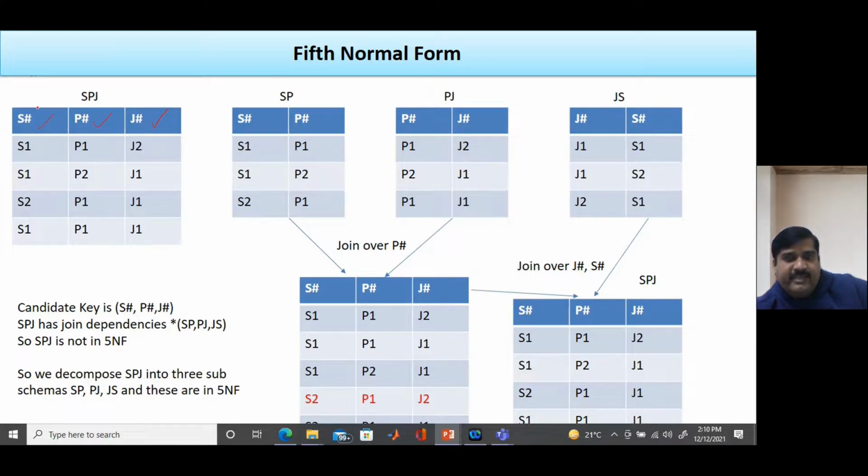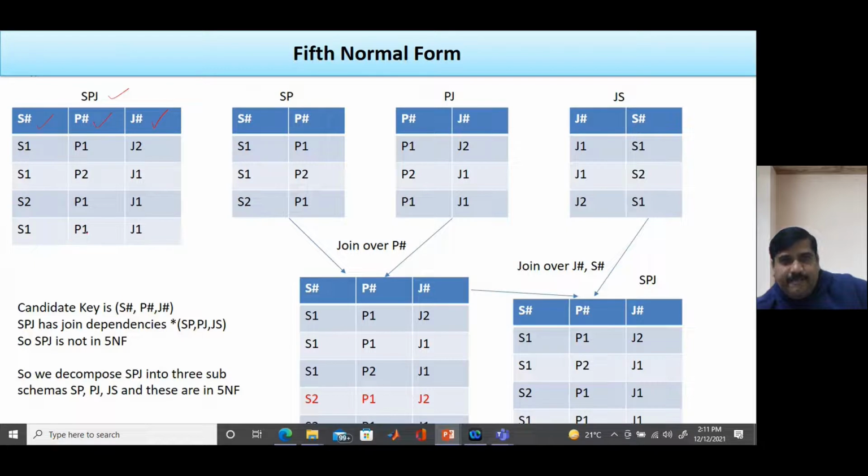These three attributes are in this table SPJ. Here there are various records: S1 P1 J2, S1 P2 J1, S2 P1 J1 and S1 P1 J1.